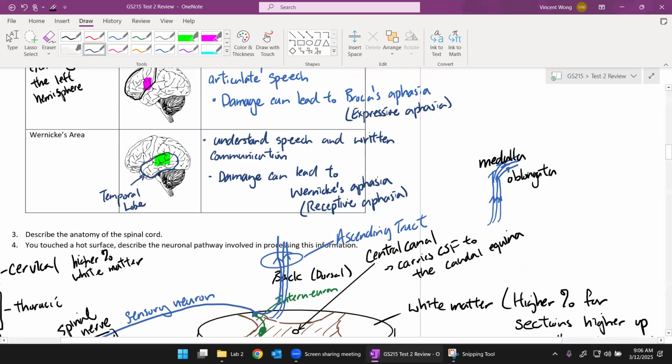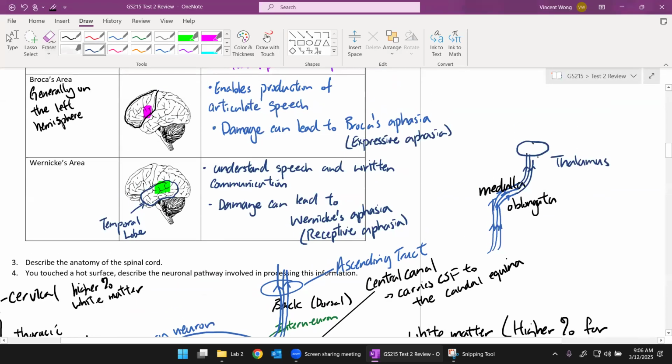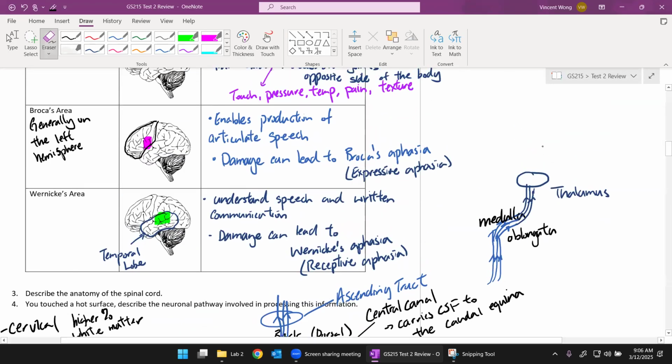And then they will continue to go up and hit the thalamus. The thalamus will filter some of this information and then send it to the appropriate location. Let's say these are somatosensory information, then they will go to the somatosensory cortex.